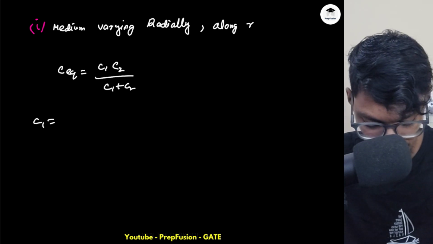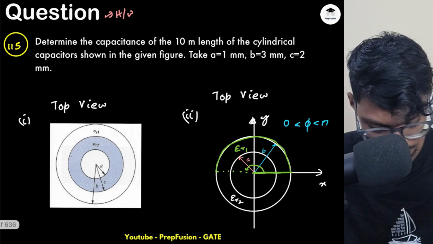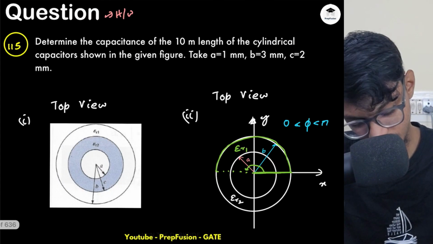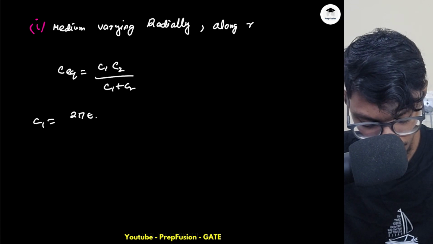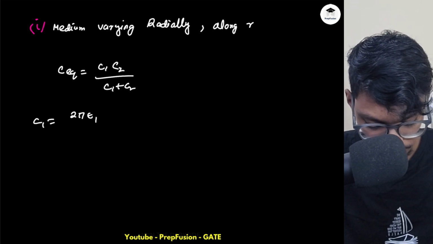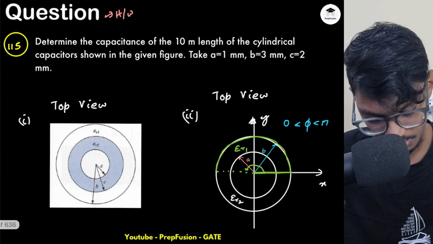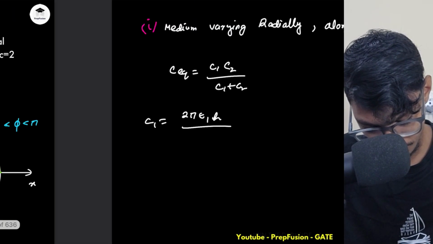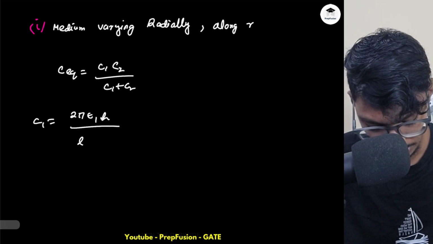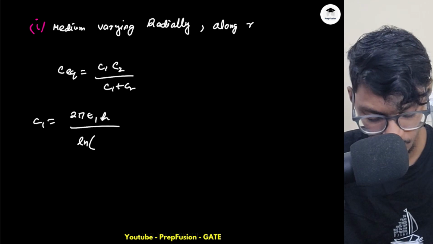And what is C1 basically? It will be 2 pi epsilon into H divided by the ln of bigger radius and lower radius. That's how this ln will come out to be positive. So it will be bigger minus lower.